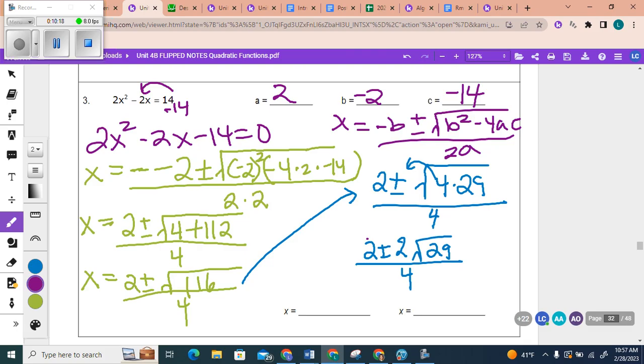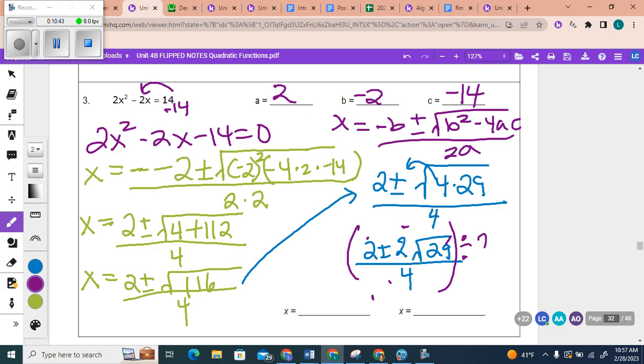What do you notice about this number, and this number? Good, they're all divisible by what? 2. Okay, if you have 3 numbers here that are all divisible by the same thing, guess what? Divide it. We want to get it into the smallest form.